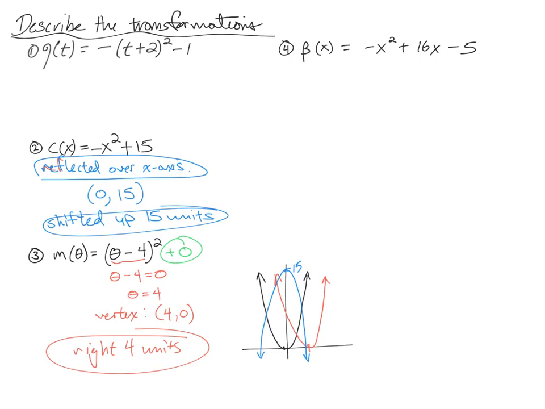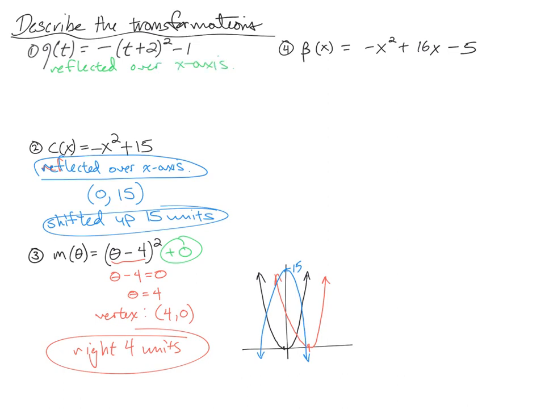The last example here at the top, number 1, we have q of t equals negative (t plus 2) squared minus 1. So I'm not even going to find the vertex for this one. I'm just going to think this one out here real quick. Okay. I know it's going to be reflected over the x-axis.